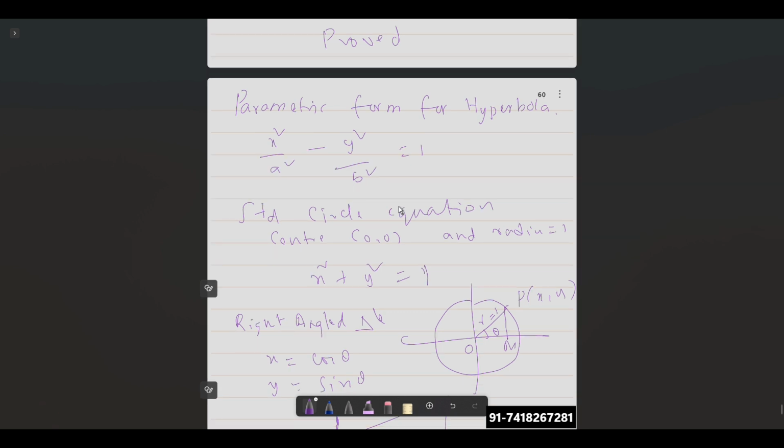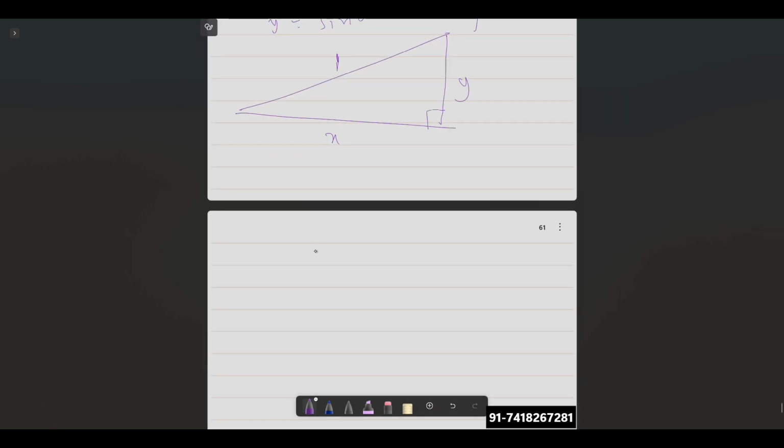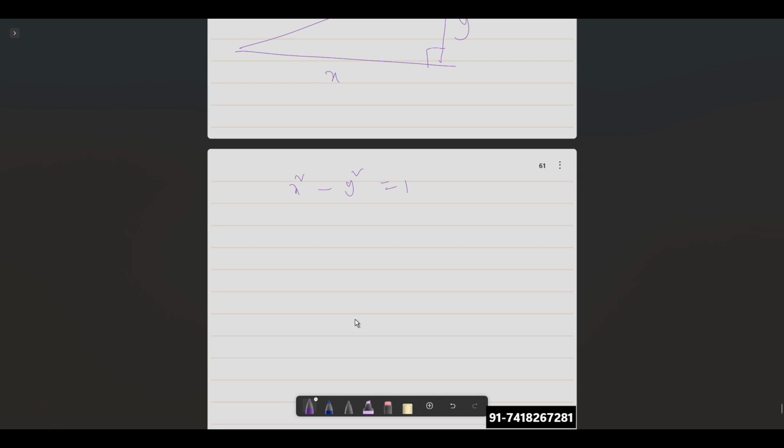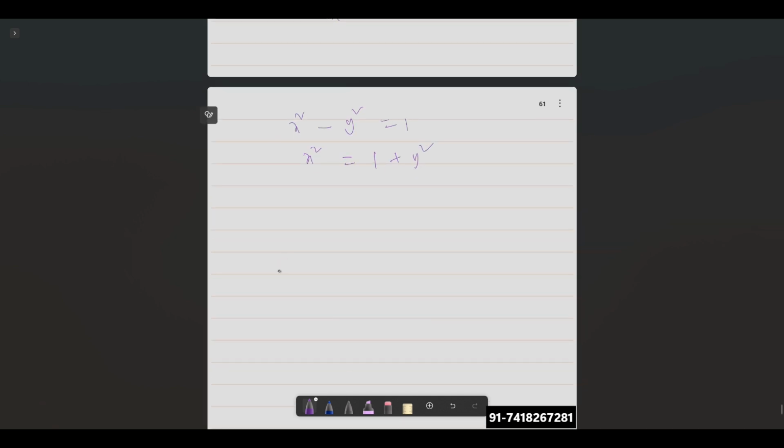The same way here, if you take this circle, take away this stretching and squashing. So if you take these factors out, what will happen? Still x square minus y square is equal to 1. This is the equation. What if you modify this, just manipulation, 1 plus y square, how does it look? This can be represented in a triangle, where your hypotenuse is x and you have the y here and 1 here.